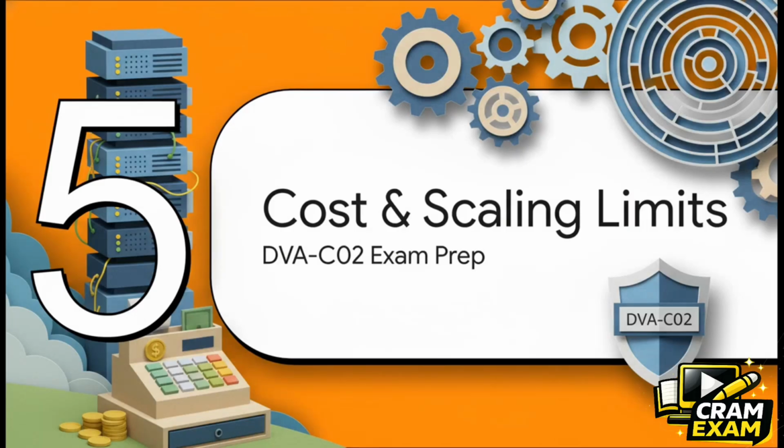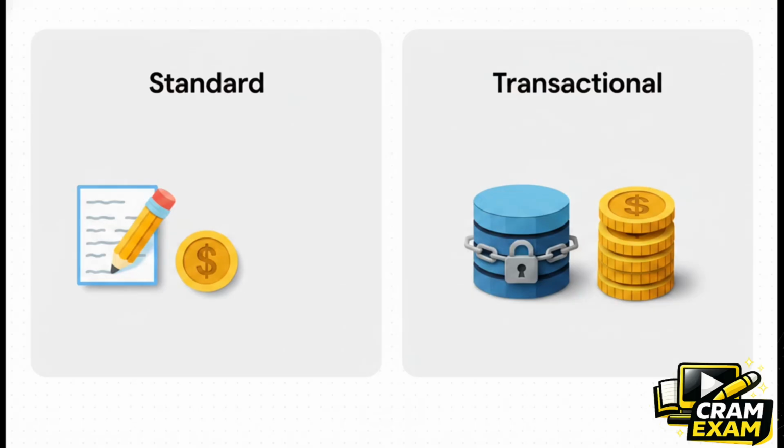Section 5. Cost and scaling limits. Now let's talk about these cost and scaling traps. This is heavily tested on the DVA-C02 exam. Because of that two-phase prepare and commit process, transactions cost double. Transactional write requests require 2 write capacity units, or WCUs, to perform 1 write per second for items up to 1 kilobyte.